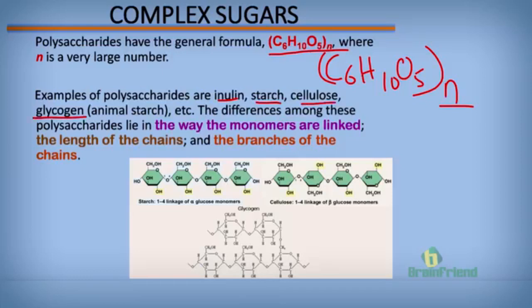Now the difference between these polysaccharides lies, one, in the way the monomers are linked. Some have a straight chain link, others have a curved link. Another difference is in the length of the chains. Some are longer than others. And another difference is in the branches of the chains.